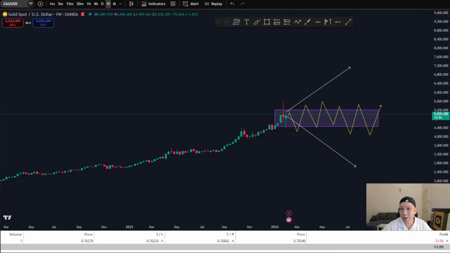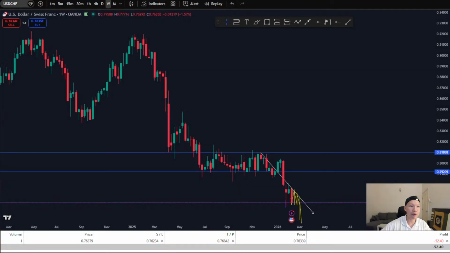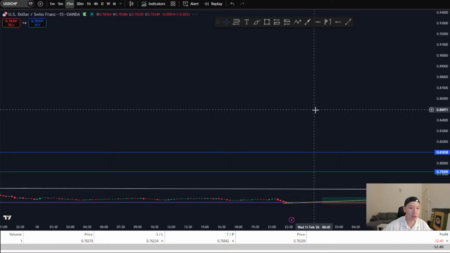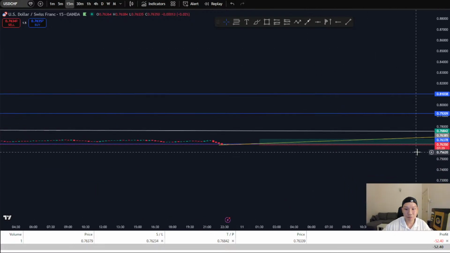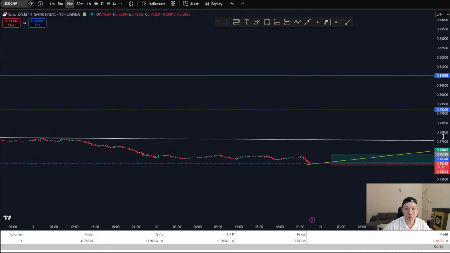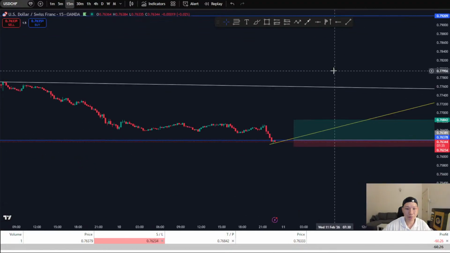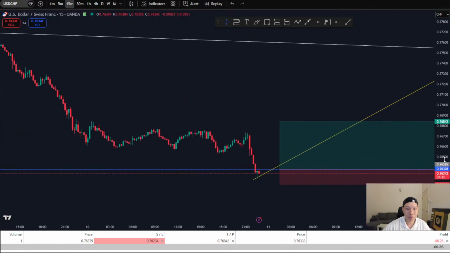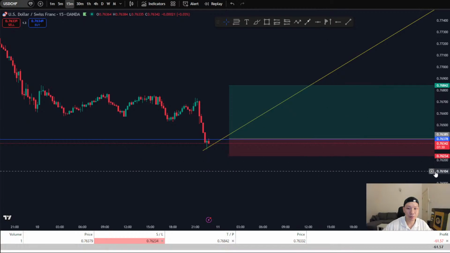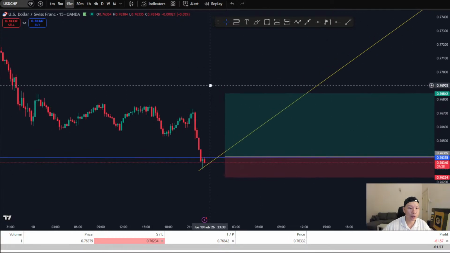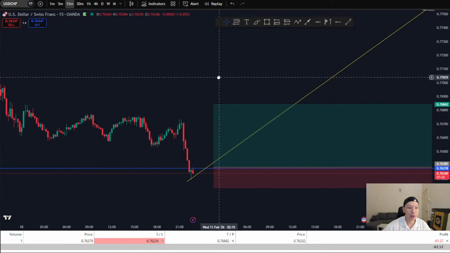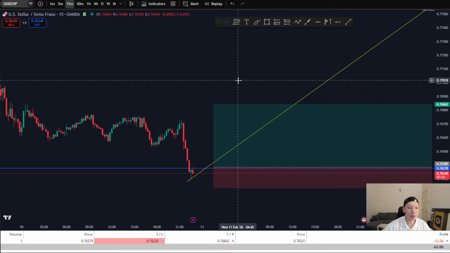Now, before that, let's take a look at our US dollar CHF and see how it's performing in the 15-minute charts. Right, still floating. Let's see how it goes.